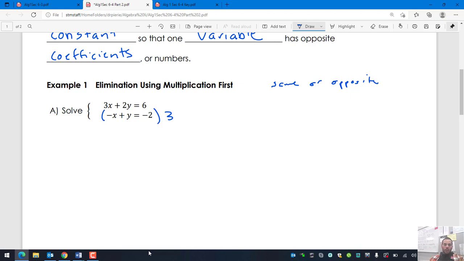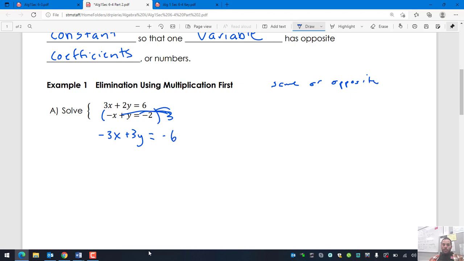Okay, so when I rewrite this, this 3 is going to distribute to every single term. I'll have -x times 3, that should be -3x, plus 3 times y, that's 3y, equals -2 times +3, that should give us -6.